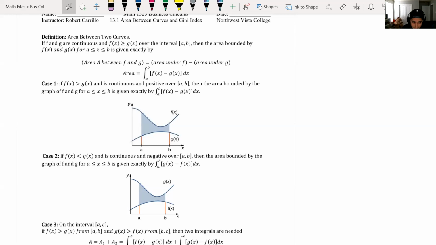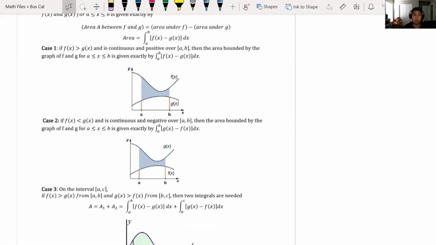Okay, now to set up our problems, there's going to be three cases we have to look at. And it's all going to be based on the problem we're given. Case one, if function f is greater than function g, and it's continuous and positive over this interval AB, then the area bounded by the graph of f and g for the interval AB is given by the integral from A to B of f of x minus g of x.